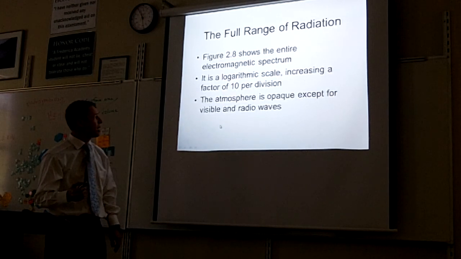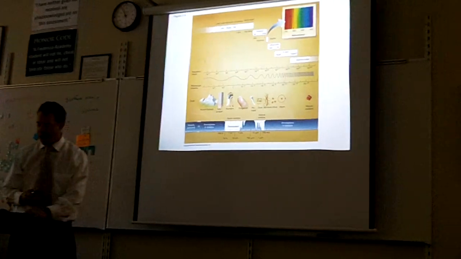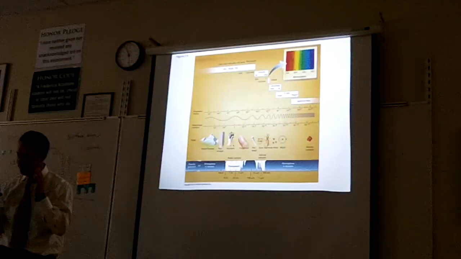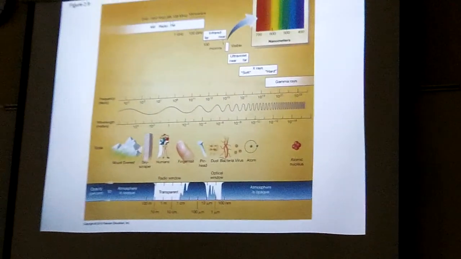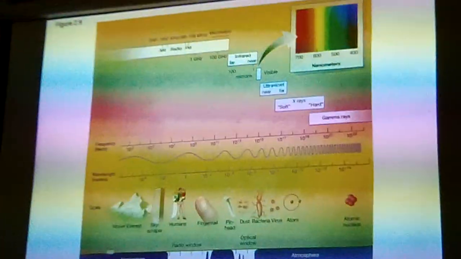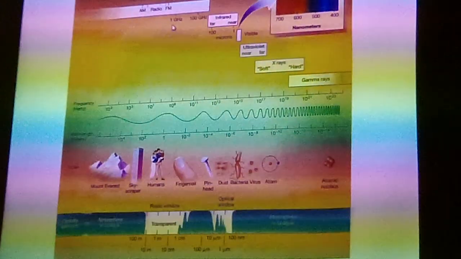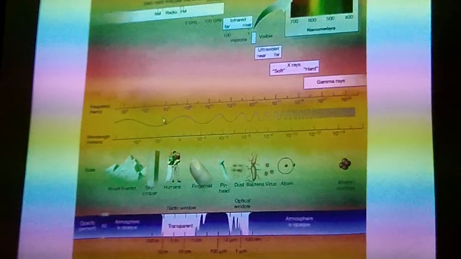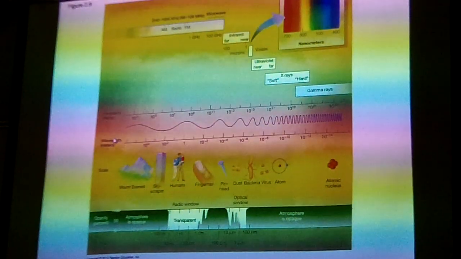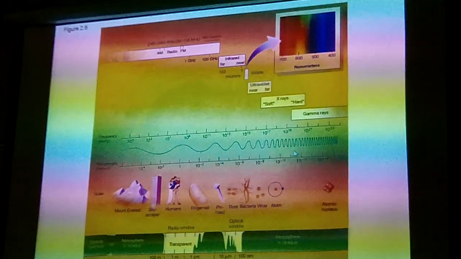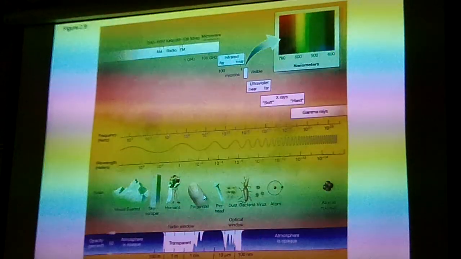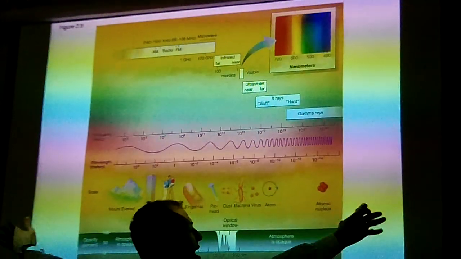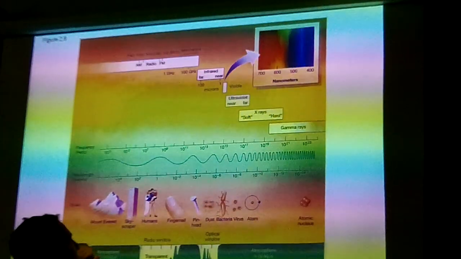Okay, so let's look again. This is a great picture, and you should become intensely familiar with page 49. This shows the entire spectrum. Now notice this is a logarithmic scale. A logarithmic scale is a way to show great variations in a small amount of space.